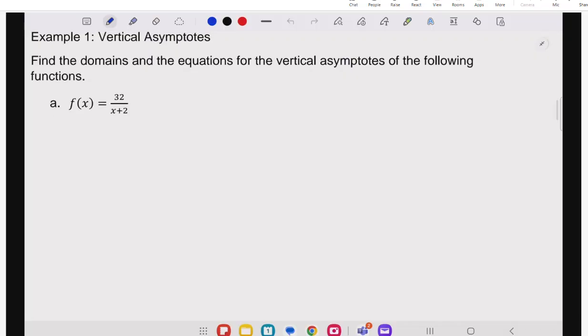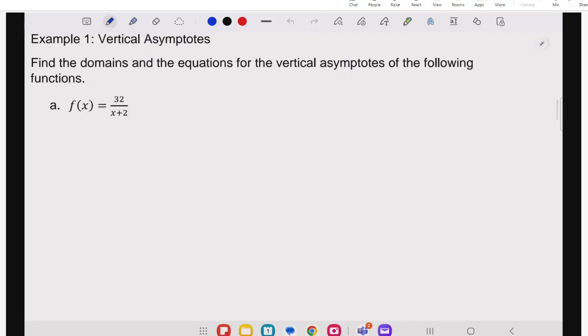Alright, so find the domains and the equation for the vertical asymptotes of the following functions. So finding the domains makes us find the asymptotes as well, so we're doing both at the same time. To do this, we do it like we did in the previous section, where we take the denominator and set it equal to 0 and solve for x. So x plus 2 equals 0.